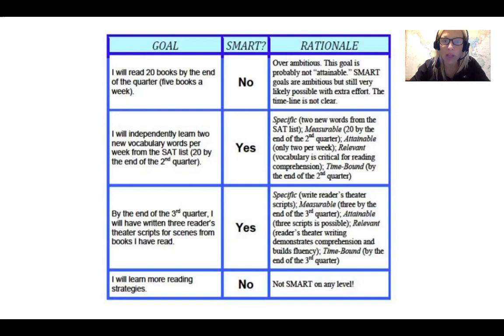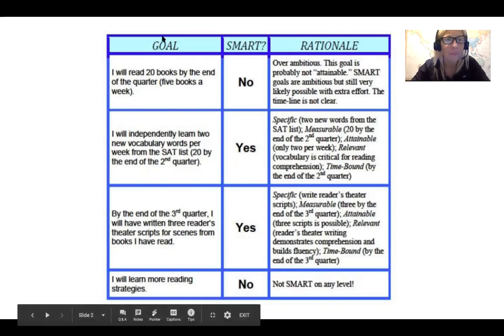Maybe here it's relevant because you do need more reading strategies for comprehension. It's not just like I'm going to go outside and study nature. Maybe that might not be so relevant to the curriculum that you're working on, but reading strategies is. And then timely, there's no time bound. More tells us an amount that is not specific, and it doesn't tell us how long it will take for us to achieve more. So good job with that.